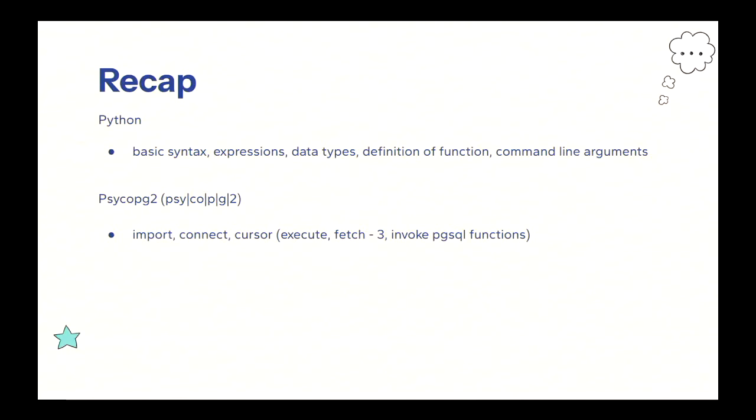And what else? Yes, call procedure. There's a special function provided by COMP3311 called call procedure. So we can use cursor.call procedure followed by the name of the function and a list, which is the parameters provided to that SQL function.